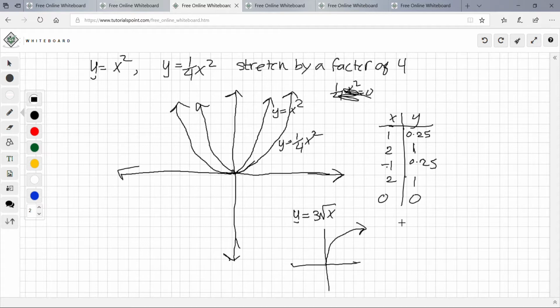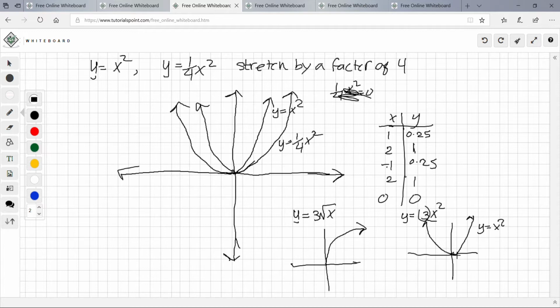Now, if it was a parabola or an absolute value, like y equals 3x squared, this means it's actually being shrunk by 1/3. So here's your typical y equals x squared graph.